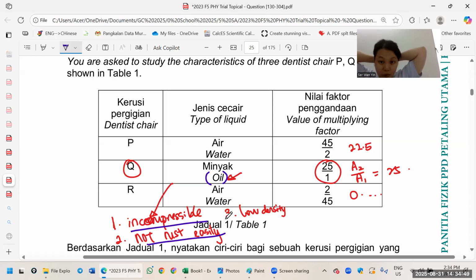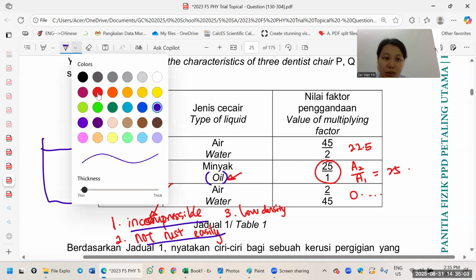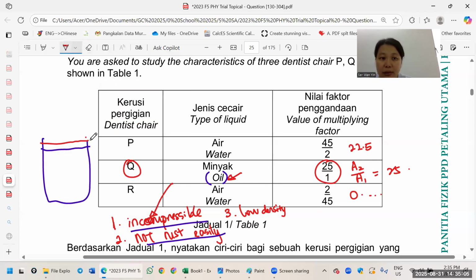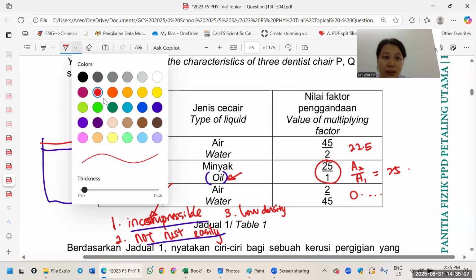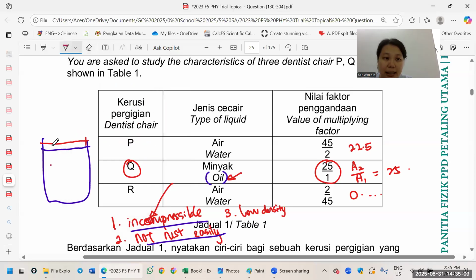And also, oil has lower density than water. Many people still think oil is denser than water. No, no. Just think about curry meat. Normally when you eat curry, the oil is on top and the soup is at the bottom.